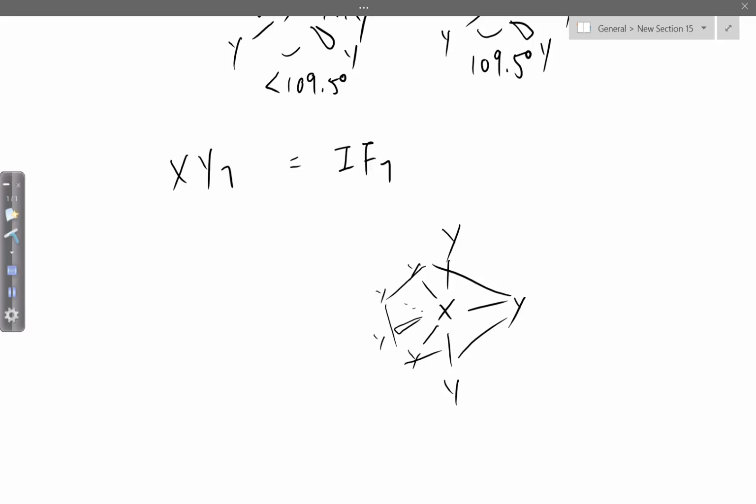Look at the previous ones. If you have 3 in the axial position, it's called trigonal bipyramidal. If you have 4, although it's tempting to call it square bipyramidal, its actual name is octahedral. So if it has 5, it will be called pentagonal bipyramidal. It's just derived from the top.